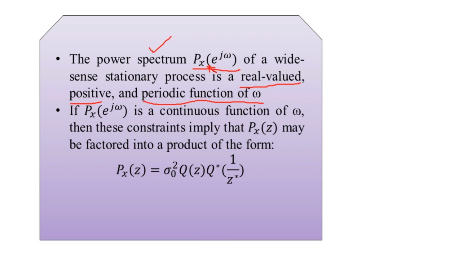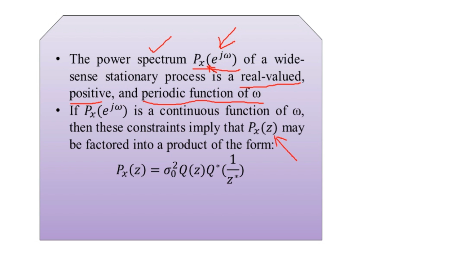So in the first point we have represented the power spectrum by the use of the Fourier tool, that is, the power spectrum Px as a function of e to the power j omega. This is one way to represent it in the frequency domain. Another alternative, sometimes convenient, is to go with the z transformation. So here it is the representation Px as a function of z.